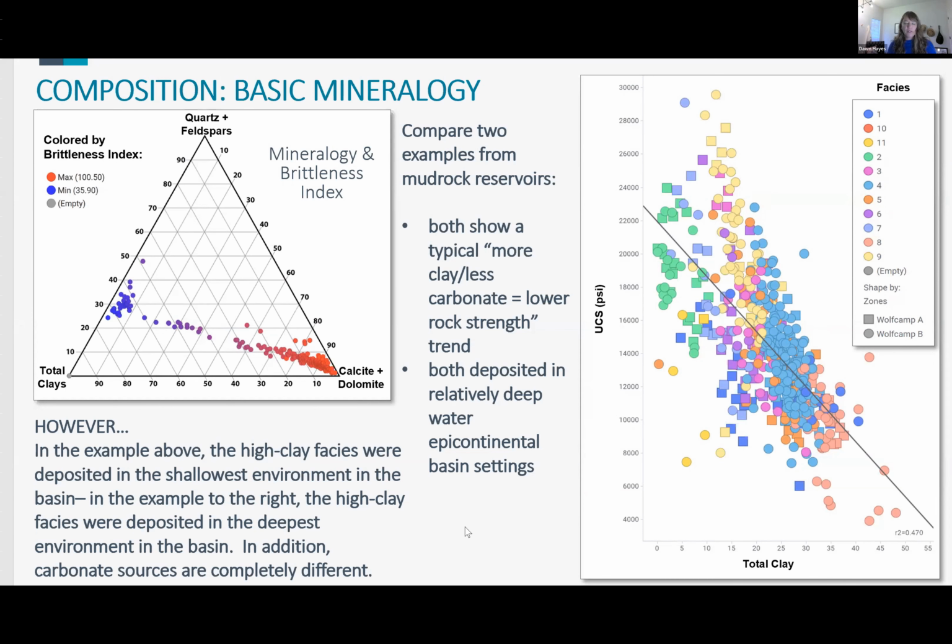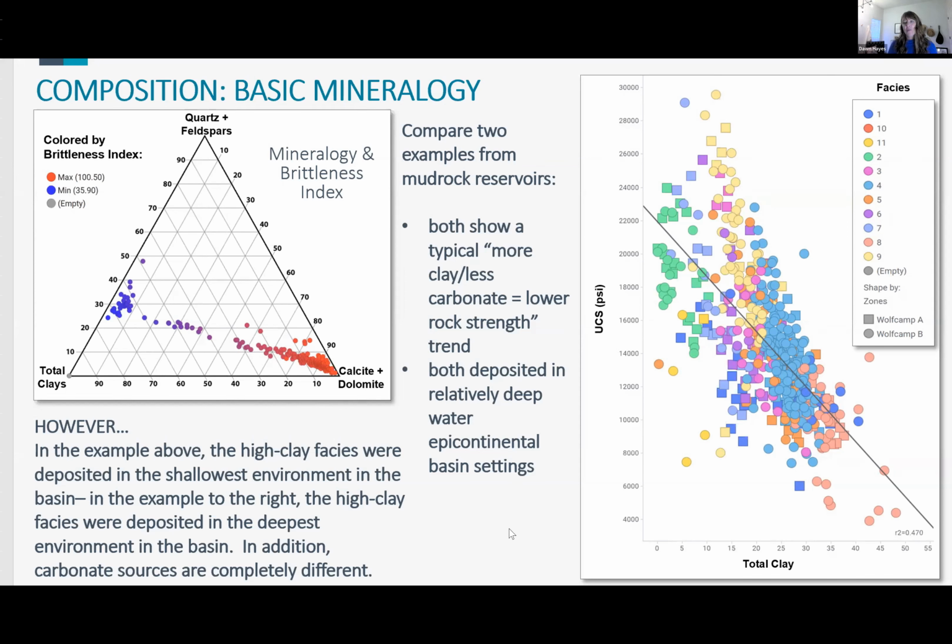And they're both from relatively deep settings, depositionally, and they're both in epicontinental basins. But in the example up here, in this particular depositional environment, the high clay facies are deposited in the shallowest environment, and the carbonate-rich ones are in the deepest environment. In this one, it's exactly the opposite.